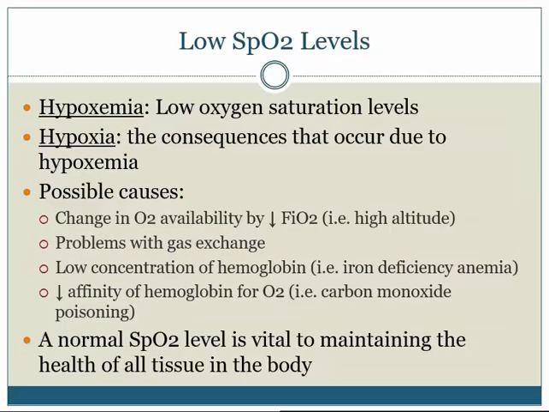Hypoxemia is when oxygen levels become low. Hypoxia is the consequences that occur when a patient is hypoxemic, when they have low oxygen levels. So some possible causes of hypoxemia would be that they have a limited FiO2 available to them. Room air is what FiO2? 21%.